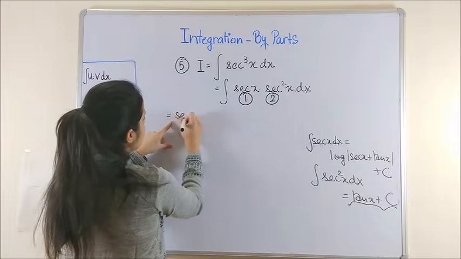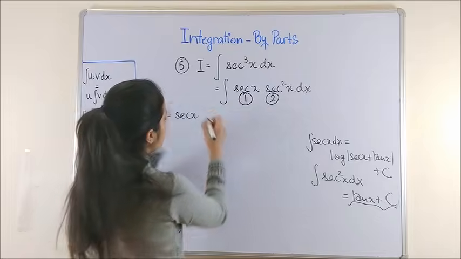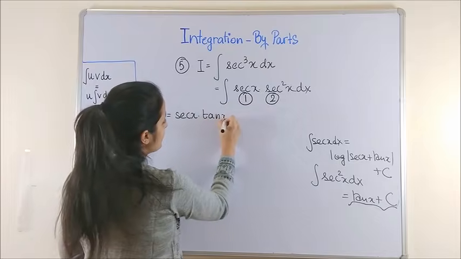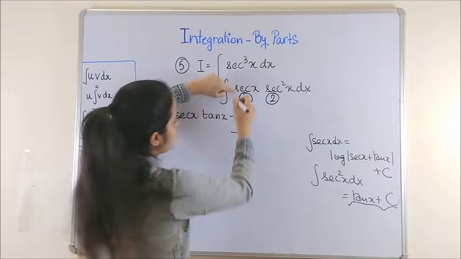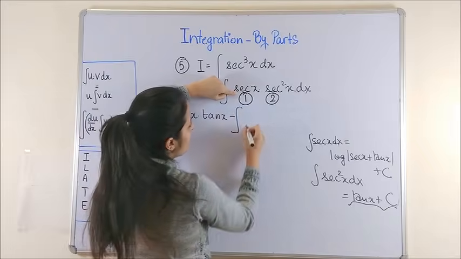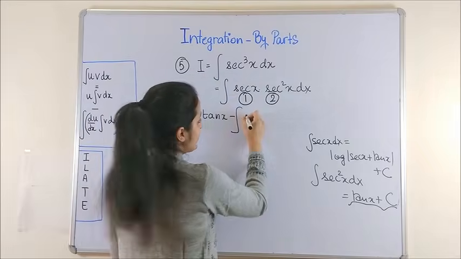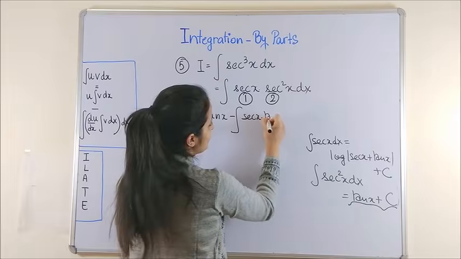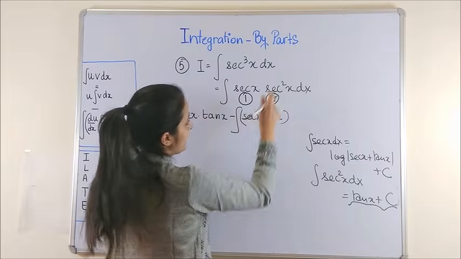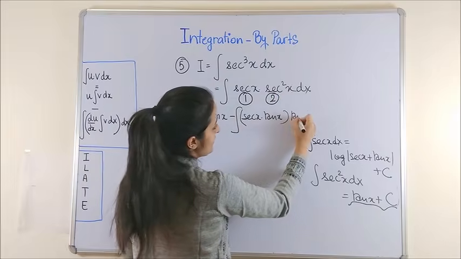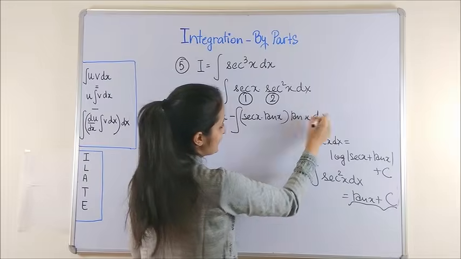We get first function as it is into integral of second, which is tan x, minus derivative of secant x, which is sec x into tan x, into integral of secant square x, which is once again tan x.